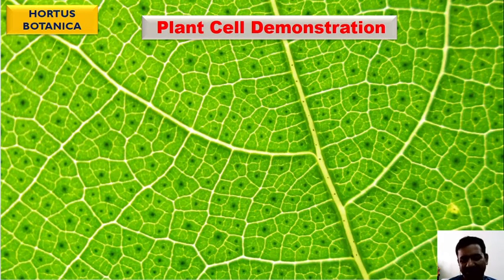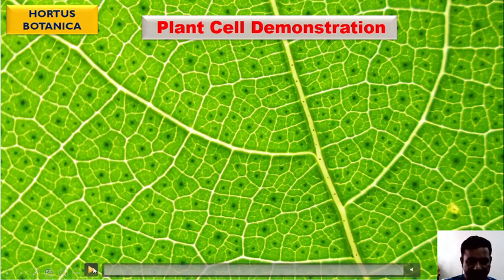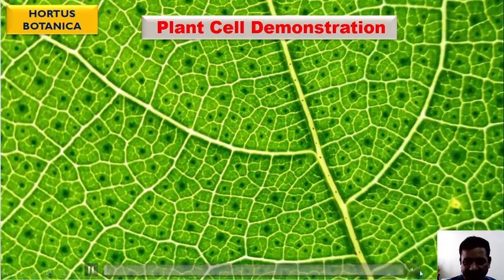We must know the role of water when it goes inside the cell, how it moves, and how it is essential for plant physiology, maintaining the vitality of a plant cell. So have a look at this plant cell.